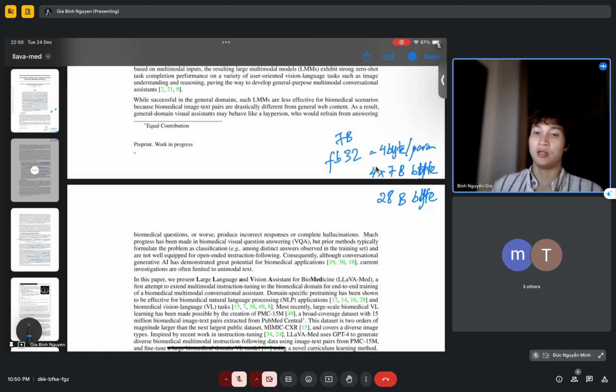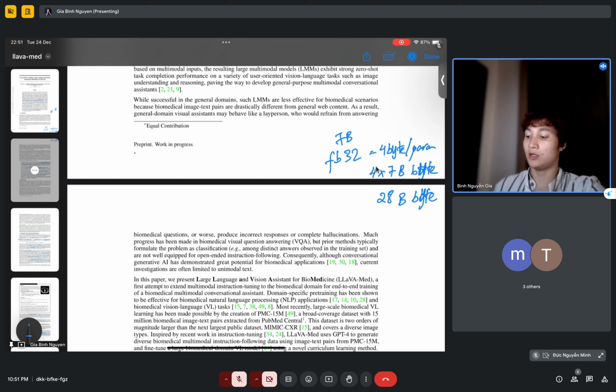The language model of LLaVA is LLaMA, and it has several versions like 7 billion, 30 billion, and 65 billion.